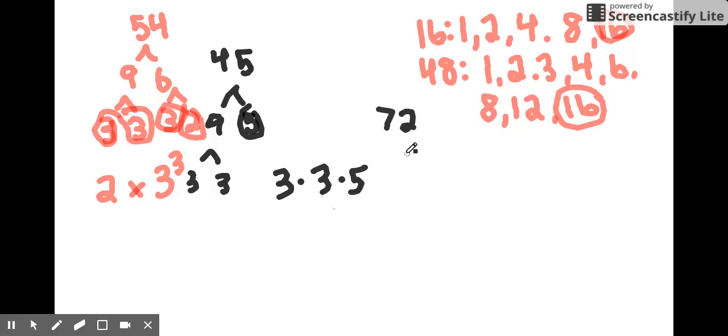And then 72, for 72, you can multiply 9 times 8. Neither one of those is prime. So you have 3 times 3 and then you've got 4 times 2.